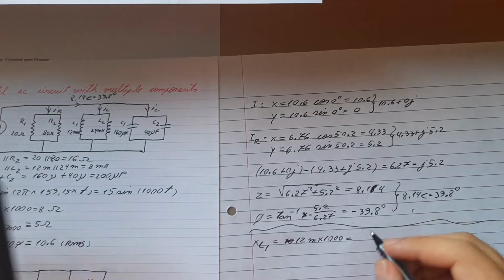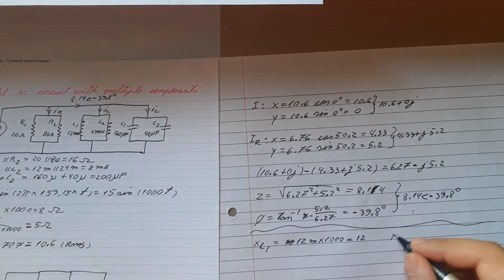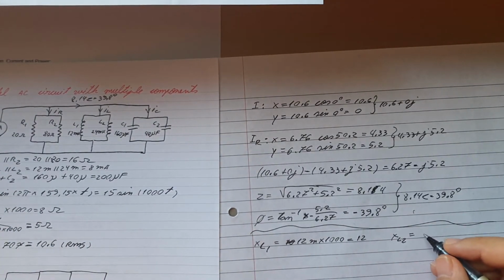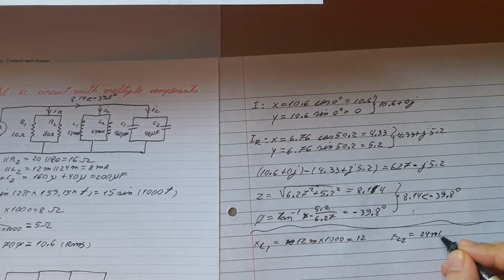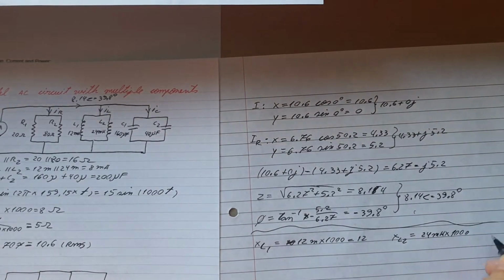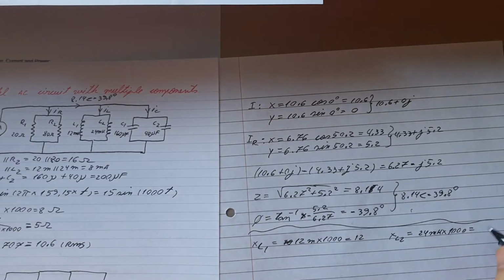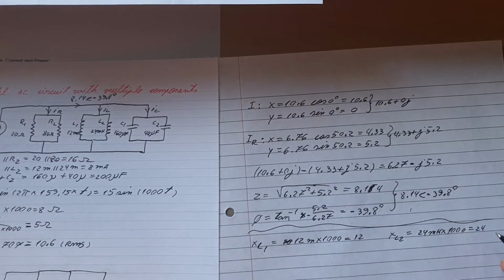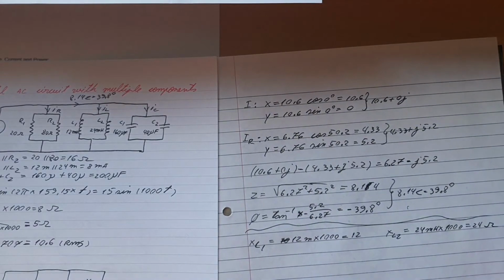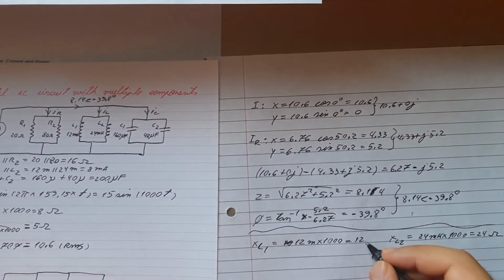Yeah, that's just equal with 12 ohms. So then XL2 is equal with 24 millihenries times 1000, which will be equal with 24 ohms.